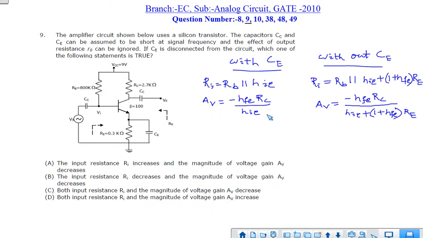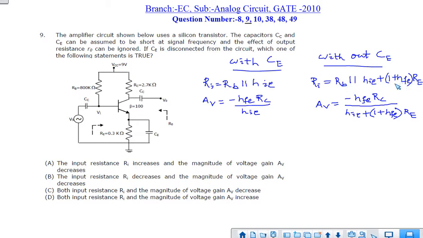Hence, if we summarize, with CE present and without CE, the input impedance and voltage gain expressions are as shown here. The input impedance when the CE is present is the parallel combination of RB and hie, whereas when the CE is disconnected, it is the parallel combination of RB and hie plus (1 plus hfe) RE.